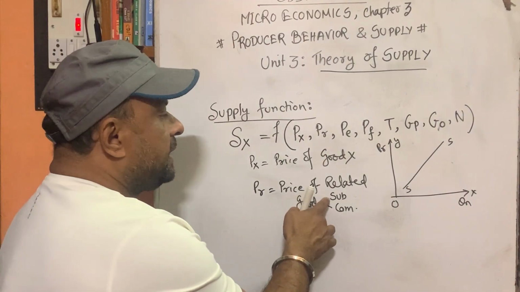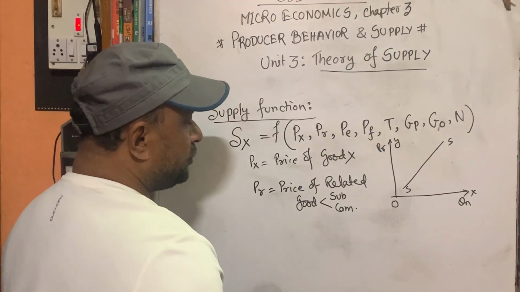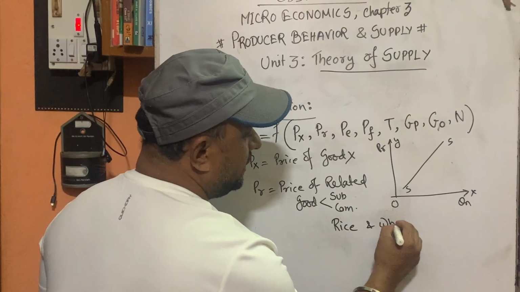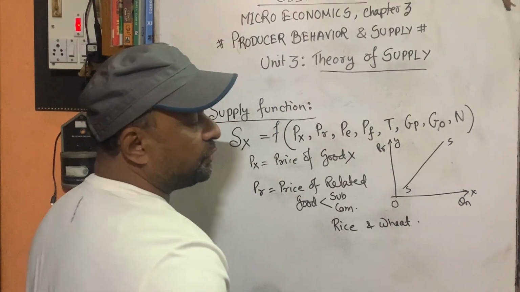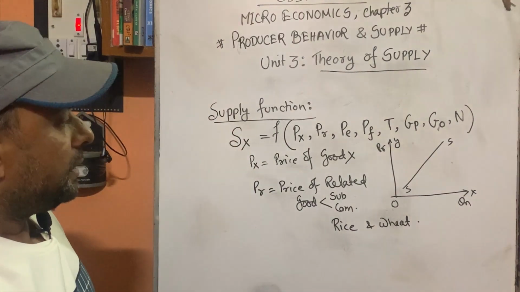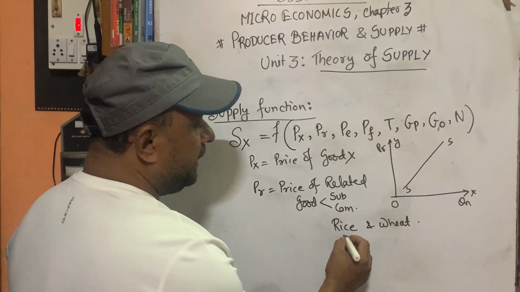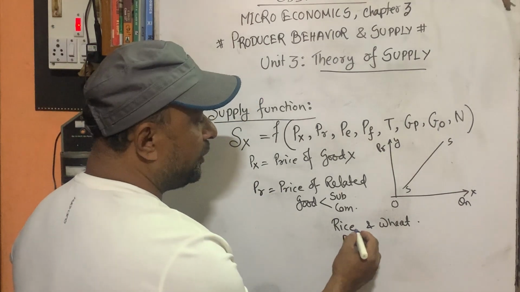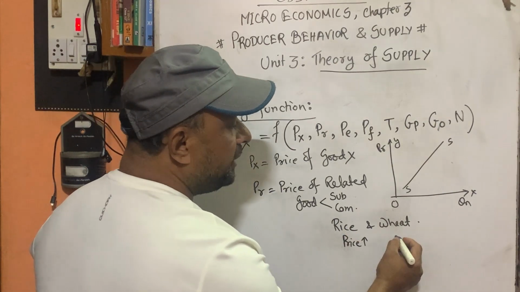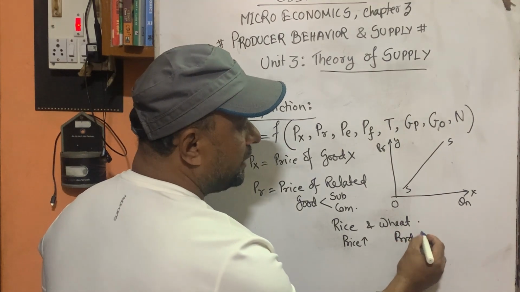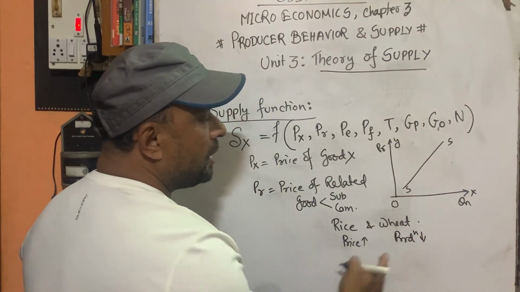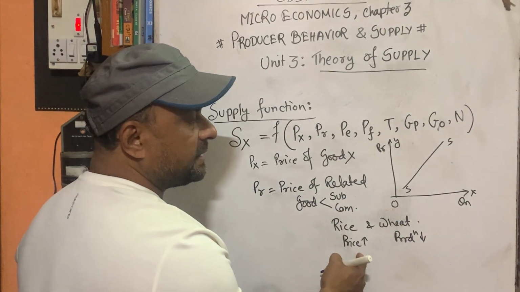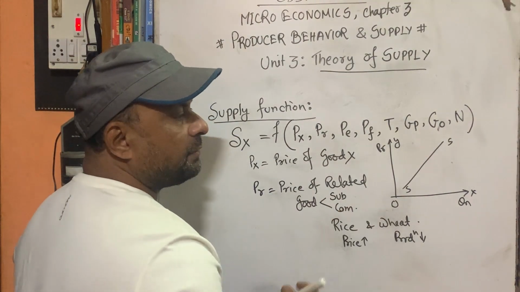Now in case of substitute good, suppose rice and wheat. These are substitute goods. In case of production, if the price of rice increases, then the producer will produce more rice and reduce the production of wheat, because if he produces rice he can earn more profit as the price increases, and he will earn less profit in wheat.